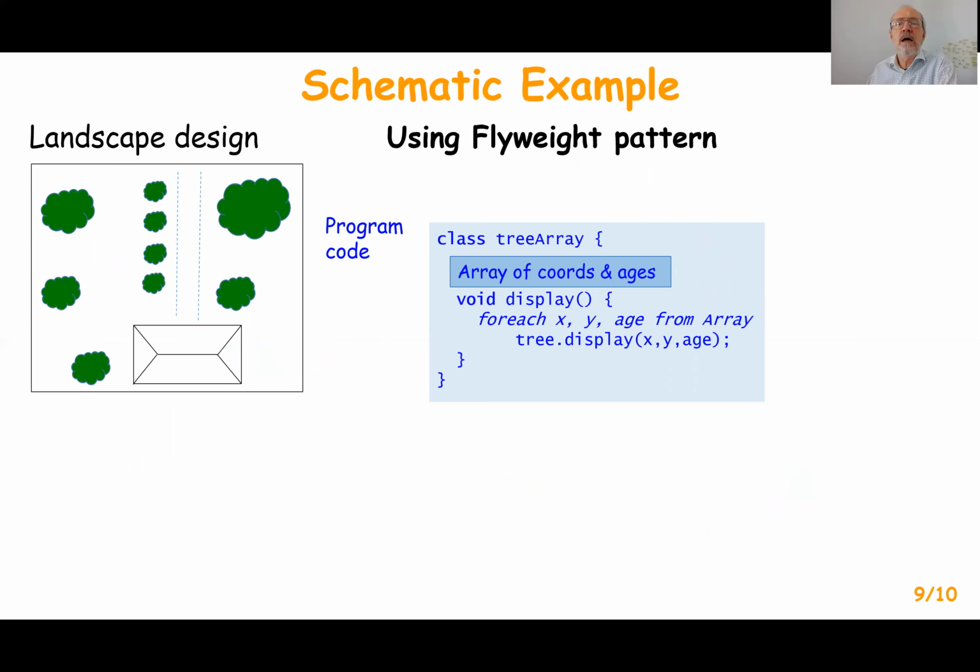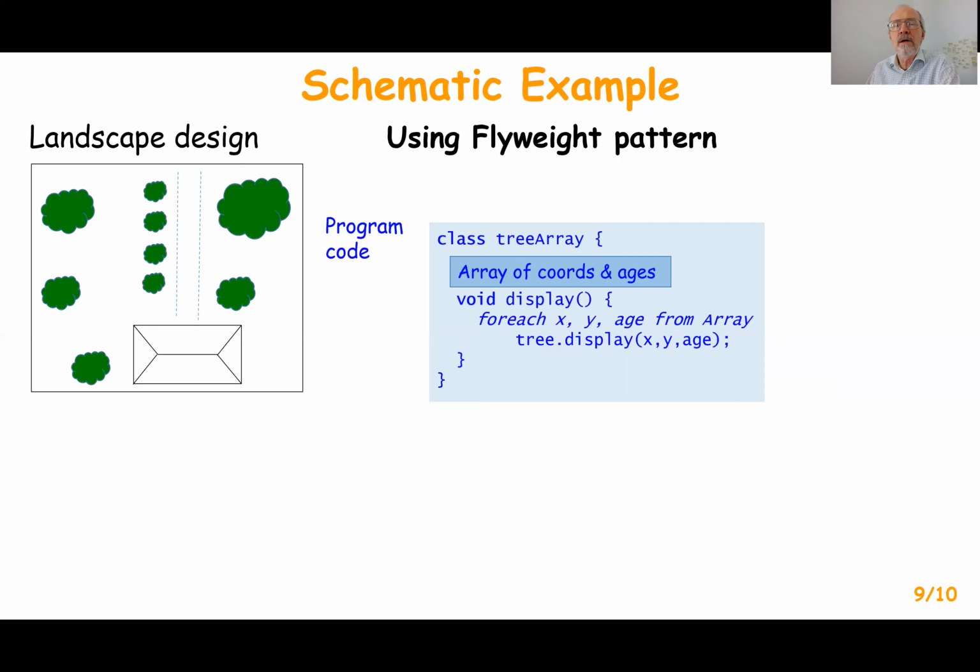I have written an array of coordinates and ages. I don't care about the details of how this array is organized. It is quite enough for me to know that there is a container that contains all information, all attributes for all trees within our program.